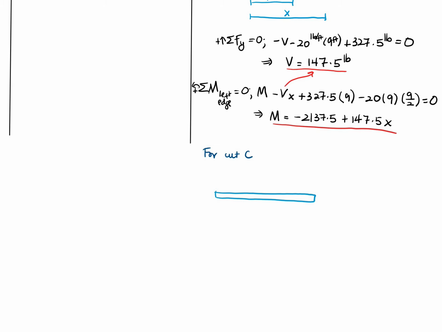I have my 20 pounds per foot, the 327.5 reaction, and then I also have 125 pounds. Then I have V and I have M.